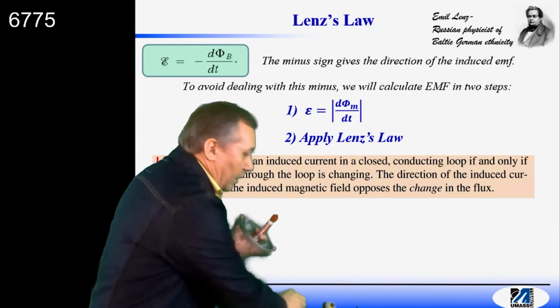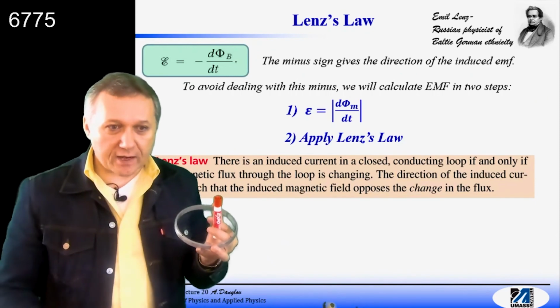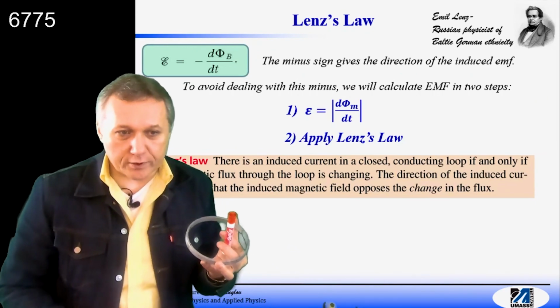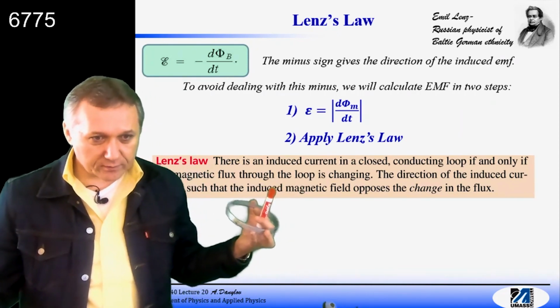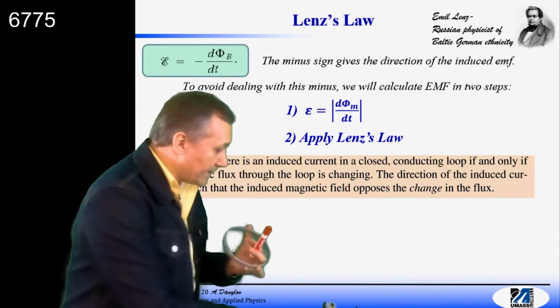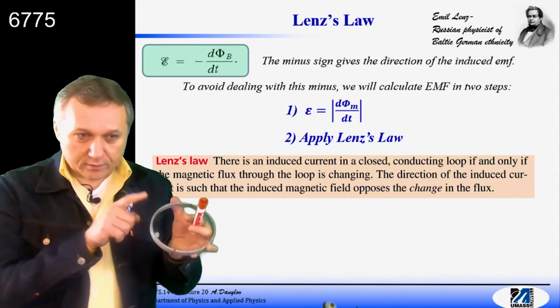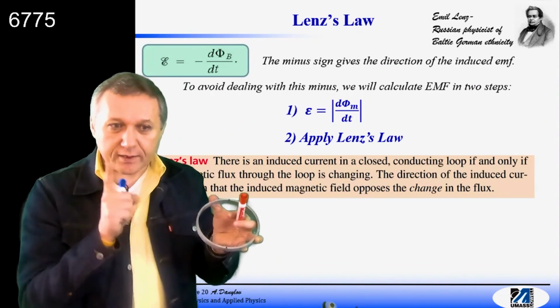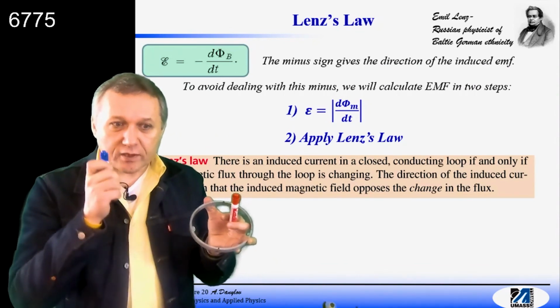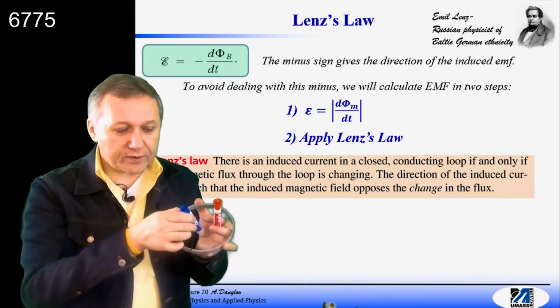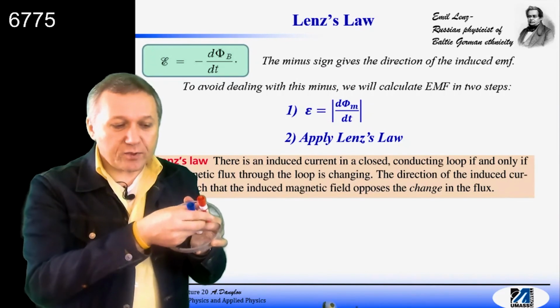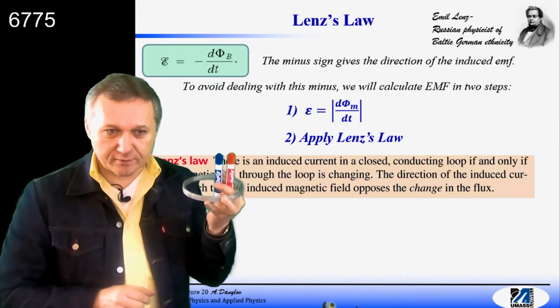As a result, in this case, since the flux is dying, the system will behave like a Florence Nightingale: you poor thing, you're dying, let me help you, so you won't suffer longer. So the loop will start driving the current in such a direction so that the induced magnetic field, blue marker, will be in the same direction as the external magnetic field.